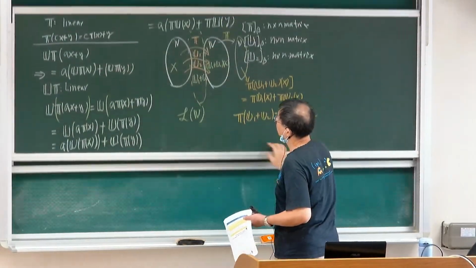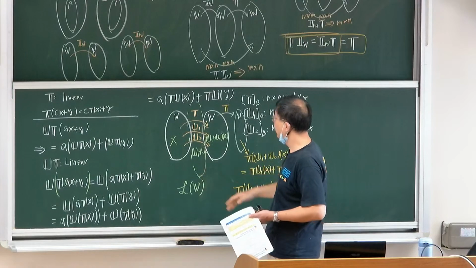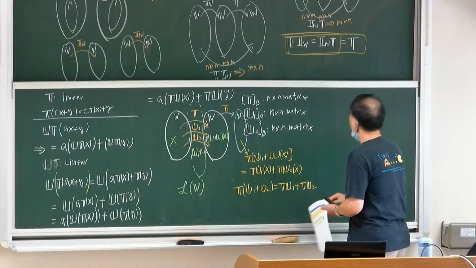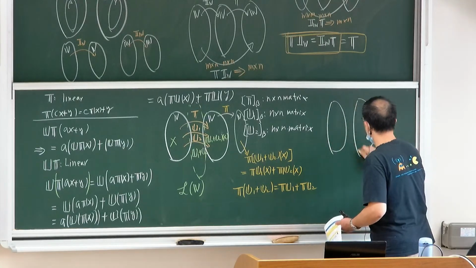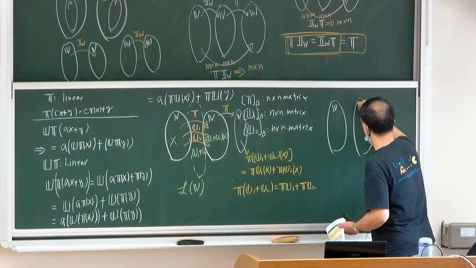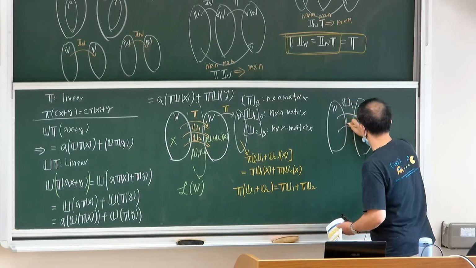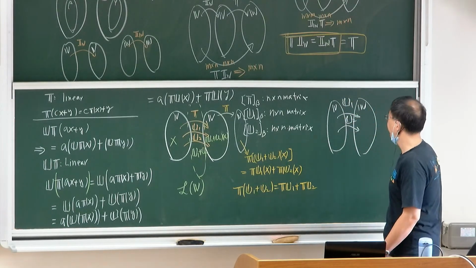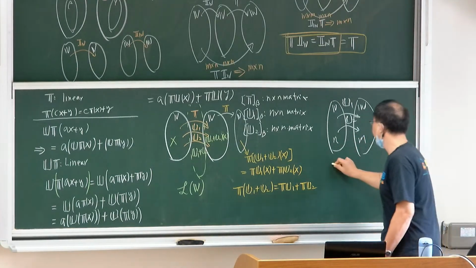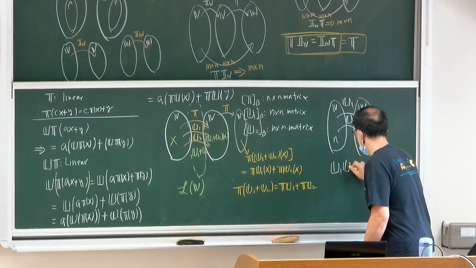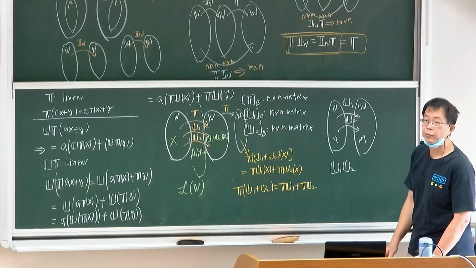For example, if U1, U2 is from V to W, and this one has dimension n, this one has dimension m, do we have the U1, U2 composition of linear transformations?